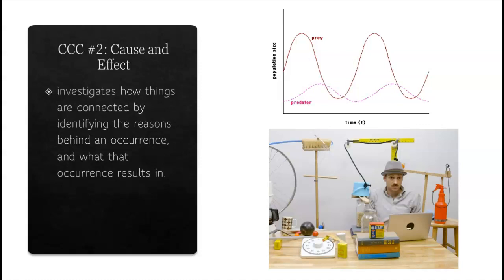But once they get too high and they eat all the food, that number of prey animals goes down, and then the predators go down, and it just keeps happening that way. Additionally, cause and effect could be a ball rolling down a piece of wood that hits a domino. That effect of hitting the domino causes the dominoes to knock down, and so on and so forth.